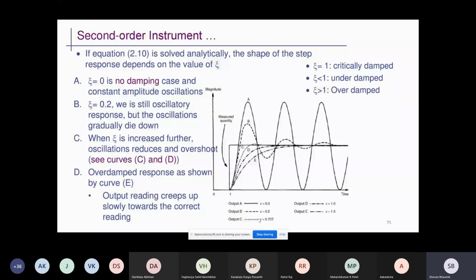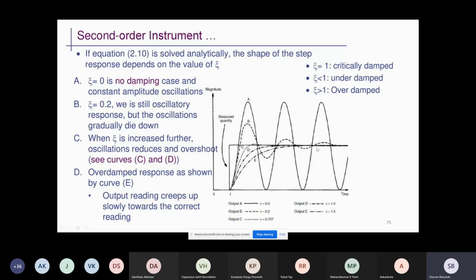Now when zeta is 1, the output is D. You see the output never overshoots the steady state value. It always undershoots and keeps going and gradually reaches the steady state value.